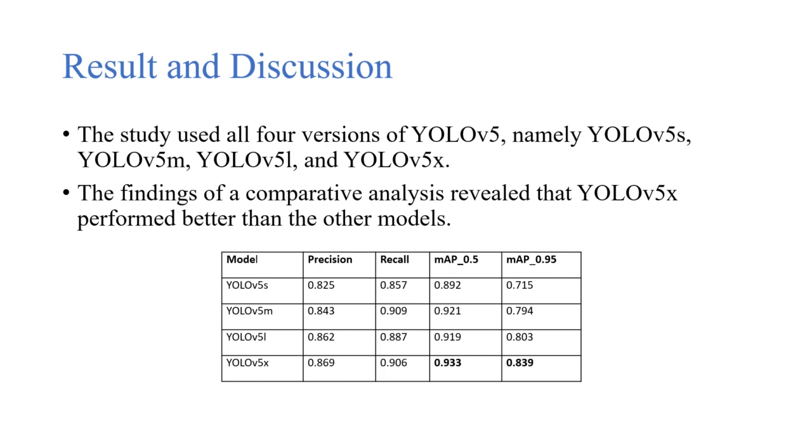Through a careful comparative analysis, the findings illuminated the distinct performance superiority of YOLO V5X over its counterparts. The precision, efficiency, and overall effectiveness of YOLO V5X in our specific application surpassed that of other models, underscoring its significance in achieving superior results for cervical spine bone detection.